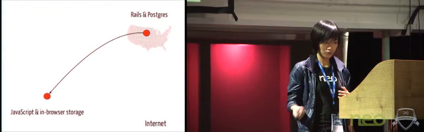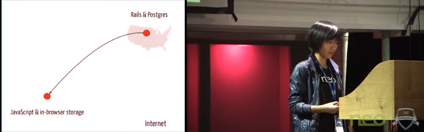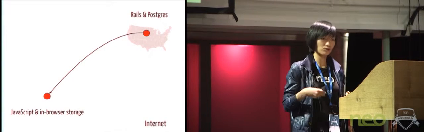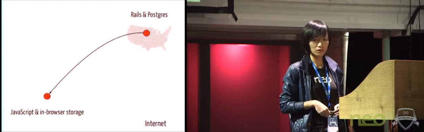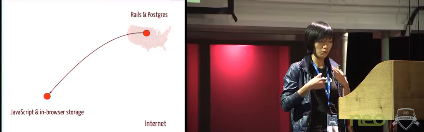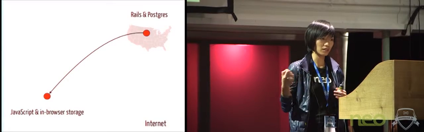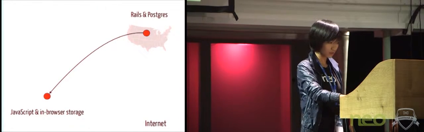We're going to have a server running Rails and Postgres in the US, and then we have our users using applications with JavaScript and in-browser storage in remote places. When the internet is on, they will be able to sync the data from the server to the in-browser storage.